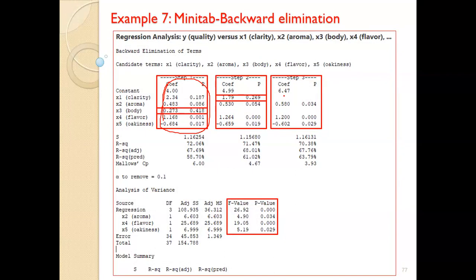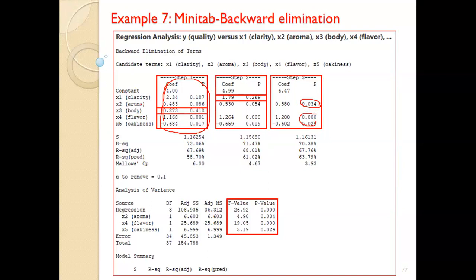No step 4 because the p-value is less than alpha for that step. This is the 3 techniques that we can use: forward, backward, and stepwise. And they give the same result. You found that x1 and x3 are not significant for the quality of wine.